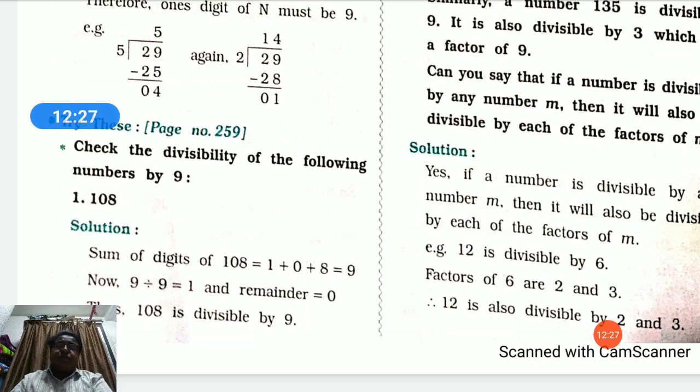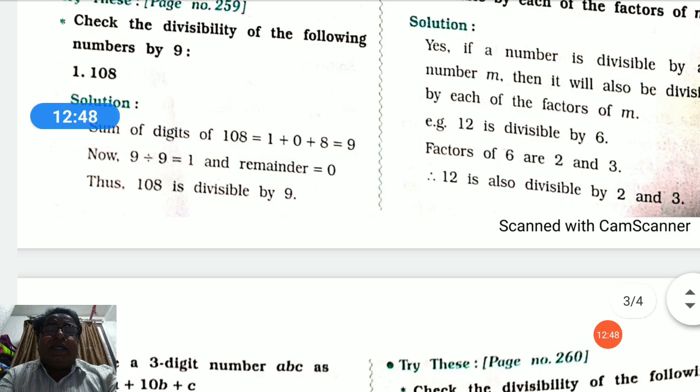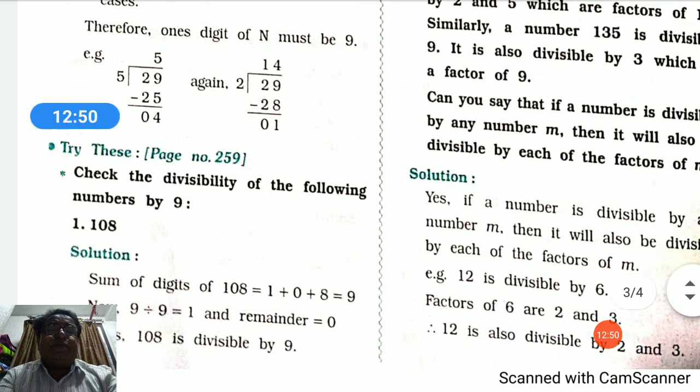108. Sum of digits of 108 is equal to 1 plus 0 plus 8 is equal to 9. Now, 9 divided by 9 is equal to 1 and the remainder is 0. So, the given number 108 is divisible by 9.